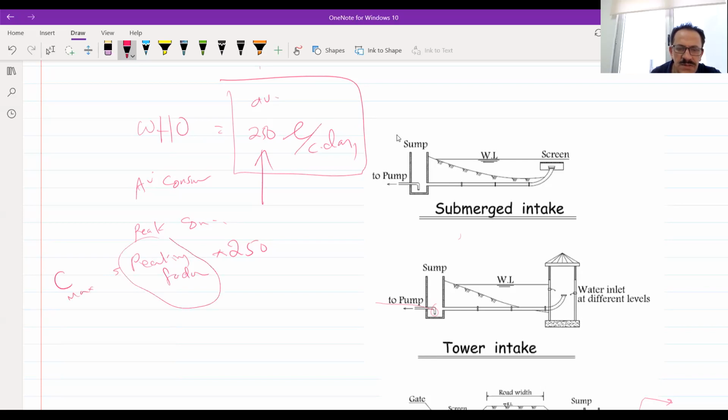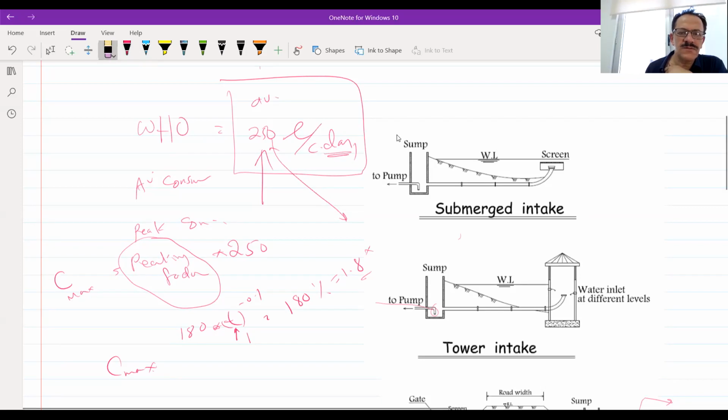It is equal to 180 times t to the power minus 0.1. For an average per day, you substitute t by 1, so the result is 180%, which is 1.8. So I will multiply the 250 by 1.8 to get C maximum.